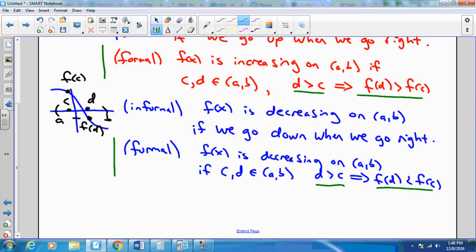That would be saying, if I go to the left, then I go down. Is my function increasing or decreasing then? It's increasing, that's right. If I go to the left and go down, my function is an increasing function. If I go to the left and go up, my function is a decreasing function. Good. So flipping both of these signs would actually have the effect of saying exactly the same thing.